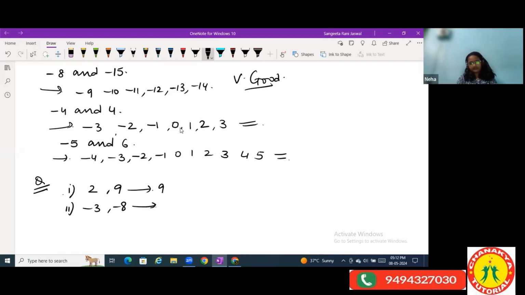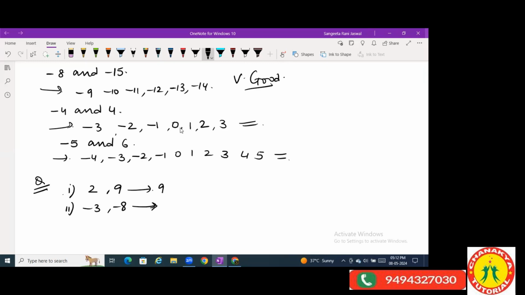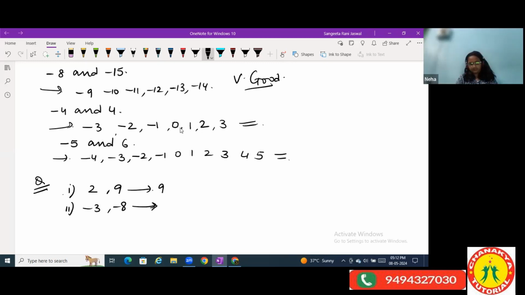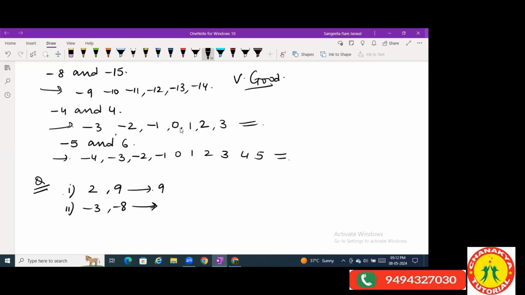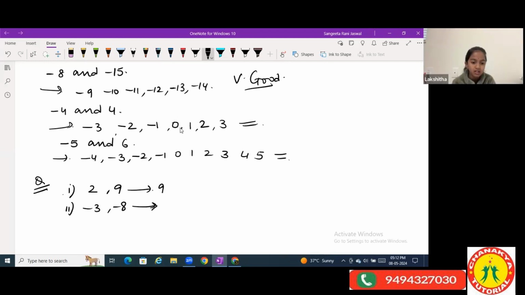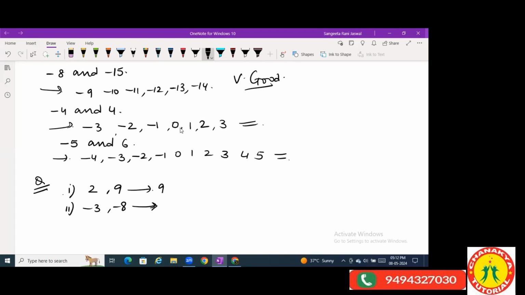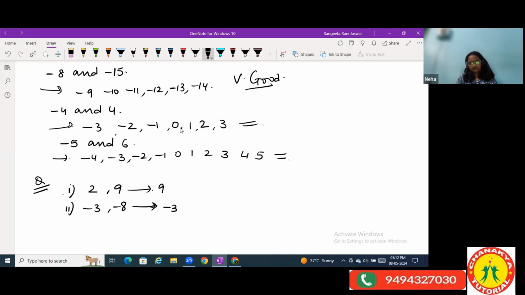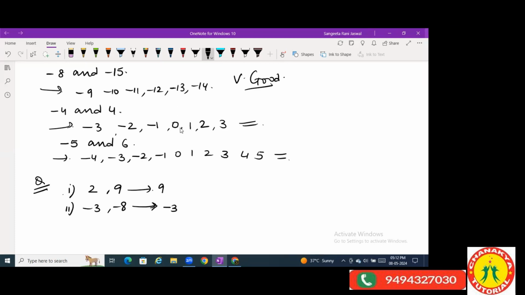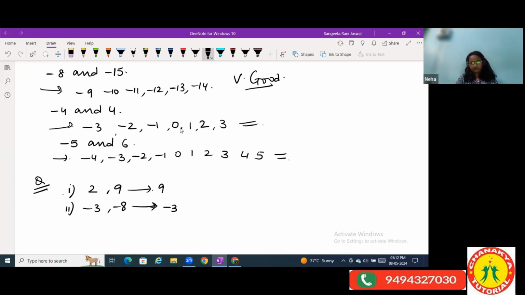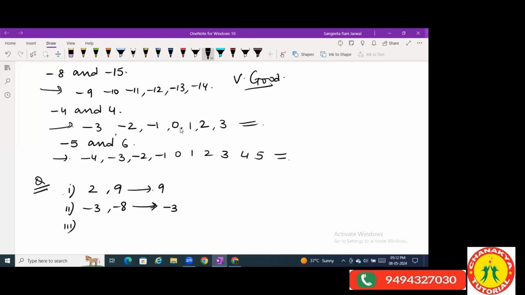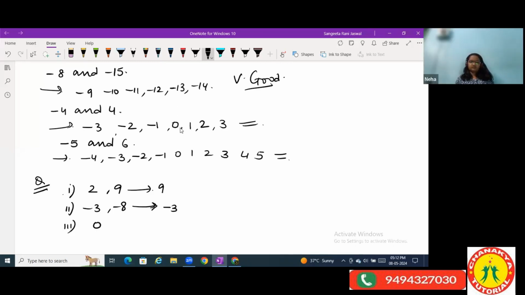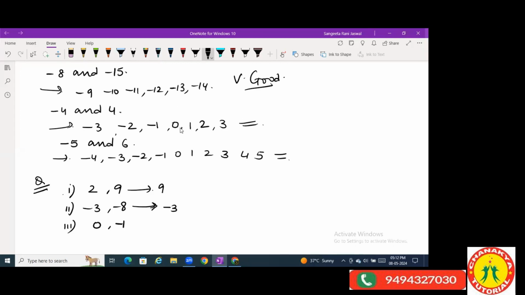3. Where is 3? What are the numbers written? -3 and -8. So say -3. You will not say 3. You will say -3. If you just say 3, it means we are saying positive 3.